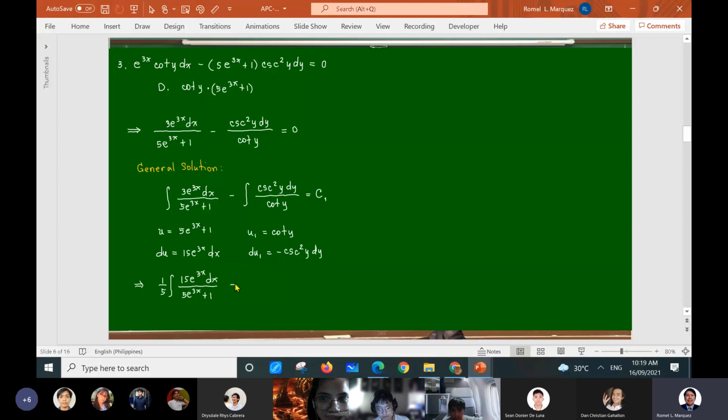Let's evaluate that later. So ready now for integration. What about this one? What I need is negative, right? Negative cosecant squared y dy, and then here put negative all over cotangent y. Okay, guys?